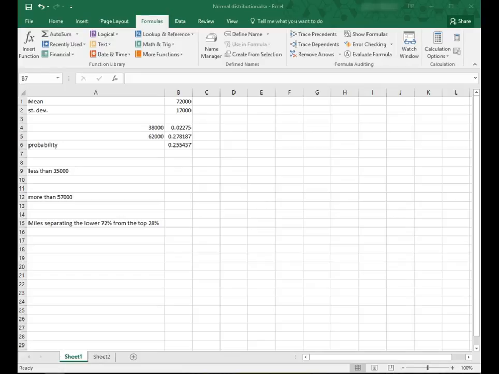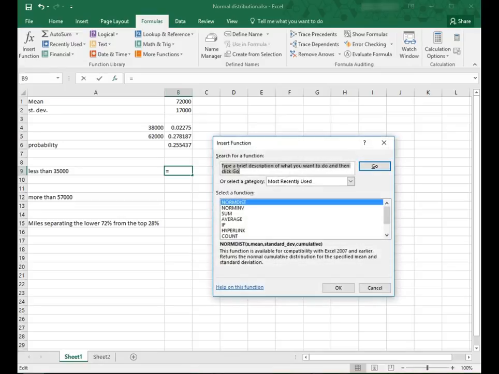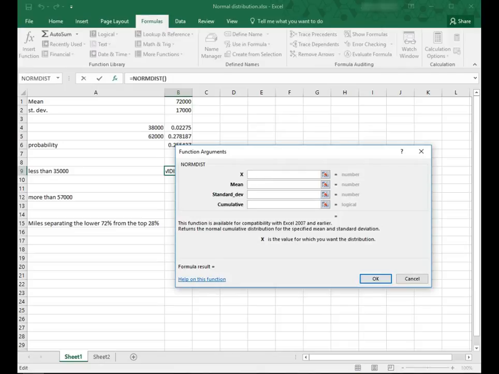Next, we would like to find what percentage of trucks travel less than 35,000 miles in the year. To do this, we go back to Insert Function and enter 35,000 miles in the box, as well as our other parameters.